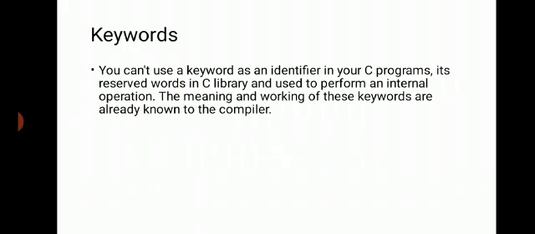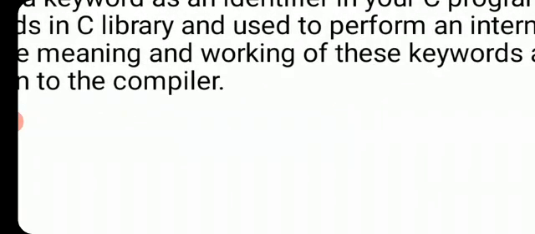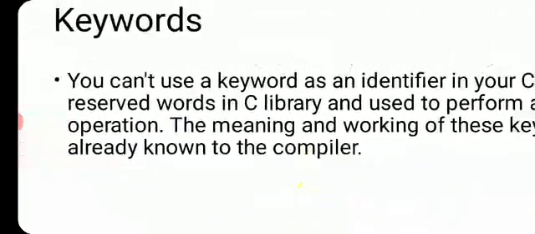It cannot be used because if is already a reserved keyword with a predefined working, and the working of these keywords is already known to the compiler. If we use it as an identifier, it will contradict that and create errors. Getting my point, guys? So this is about keywords.